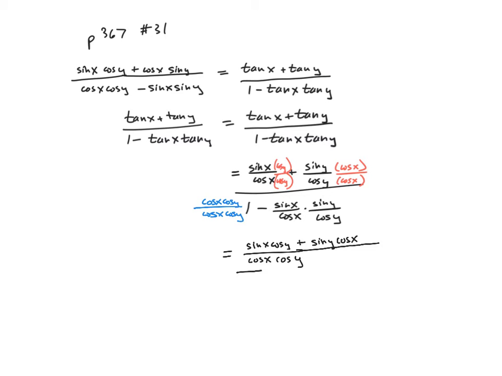And then here's my big division bar, and in the denominator I'm going to have the cosine of x cosine of y minus the sine of x sine of y, and then my common denominator in this part of the fraction is cosine x cosine y.